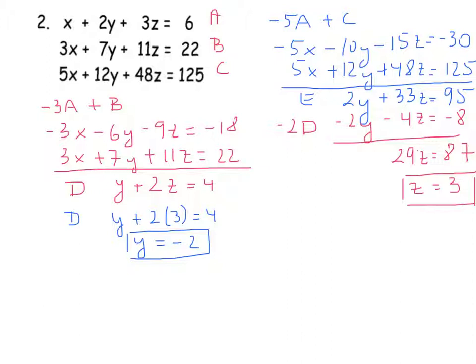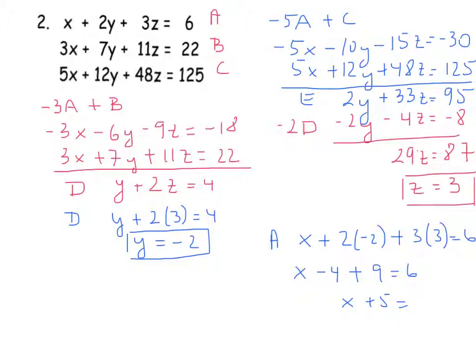So lastly, I'm going to go back to equation A because that seems to be simplest. And I say x plus 2 times -2 plus 3 times 3 will equal 6. So x minus 4 plus 9 equals 6. x plus 5 equals 6.